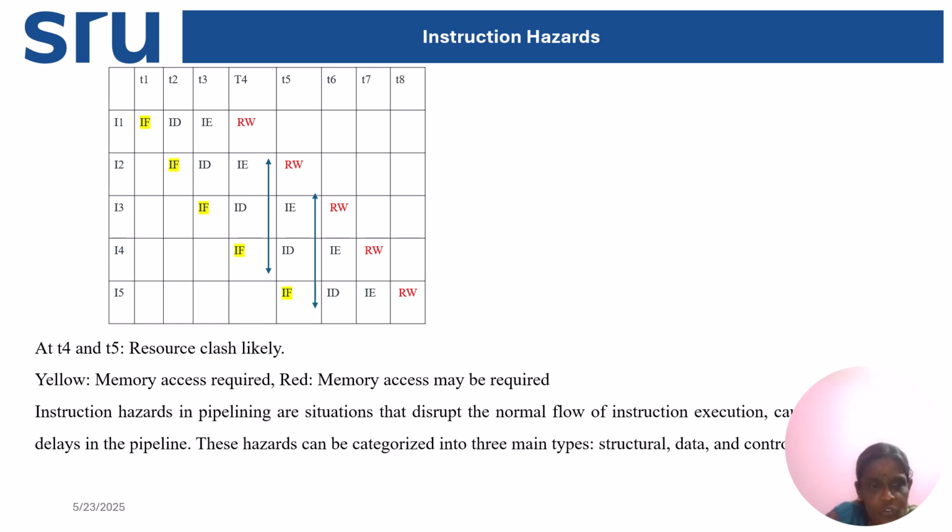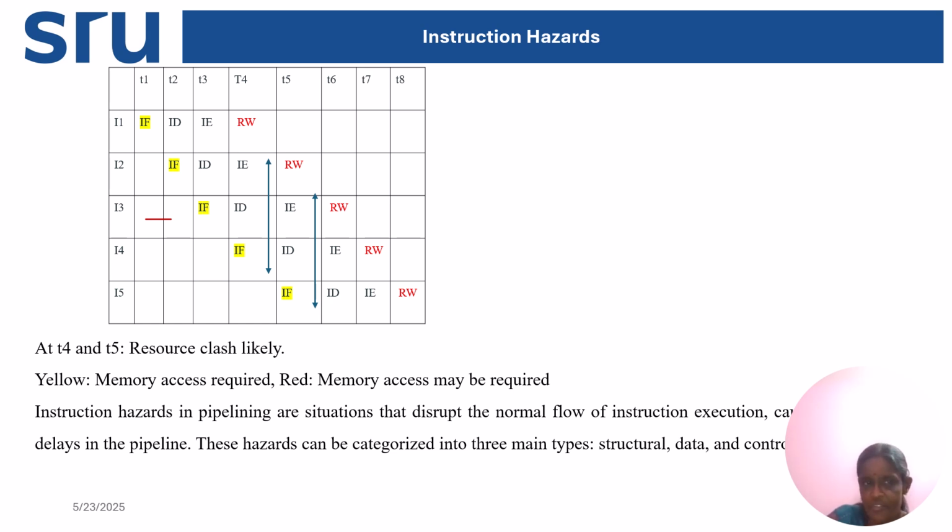Okay, and next one, I2. So in the second clock cycle, it starts IF, ID, IE, RW. And then I3, IF. So here it will be left. There is no instruction execution.